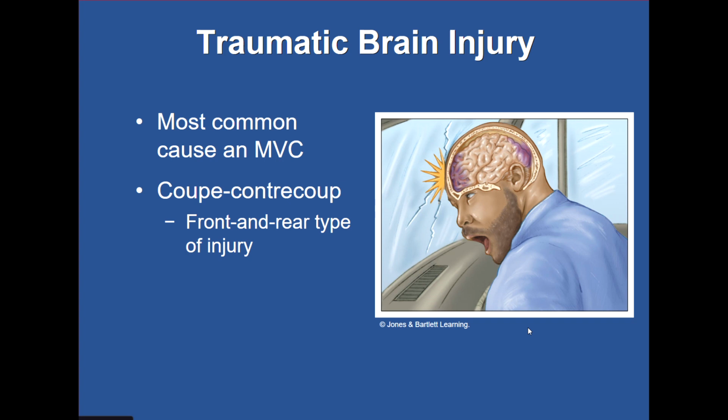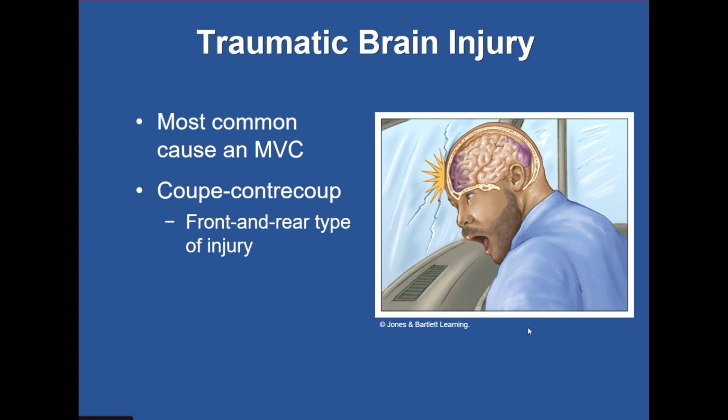And this tends to happen when either there's been that sudden deceleration, like we said, from going 60 miles an hour to a sudden stop, or if somebody is rear-ended. So you'll see, they get hit in the back, that pushes everything forward, and then also pulls things back.